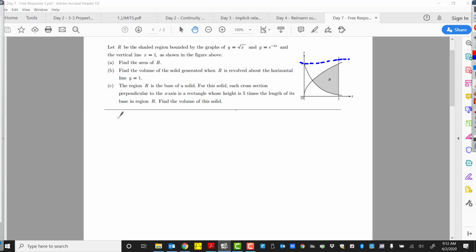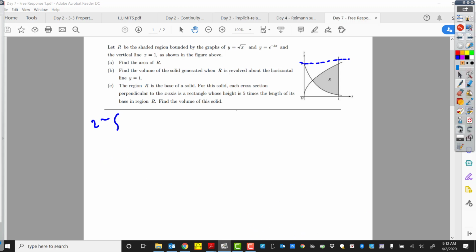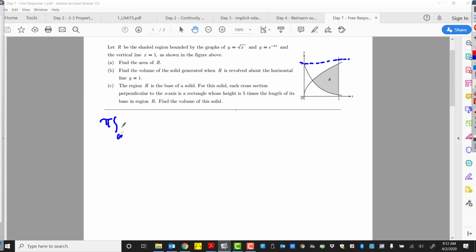And remember, that has pi times the integral from a to b of the outer function squared minus the inner function squared, or the inner radius, not inner function, because we're going to talk about that in a second.